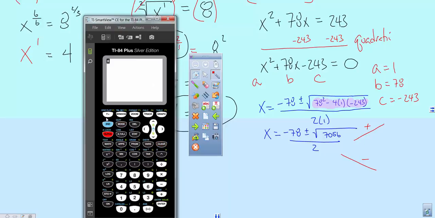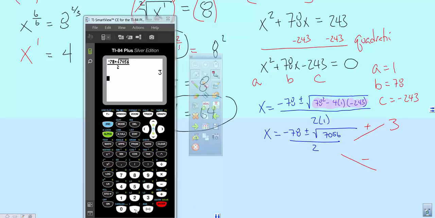Alright, so alpha y equals, choose number 1, type in my numerator, plus the square root of 7056 over 2. Press enter, and it tells me that my plus is 3.